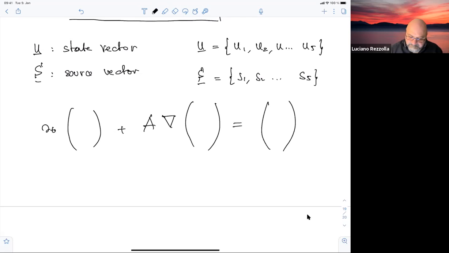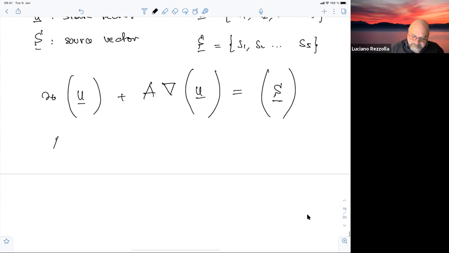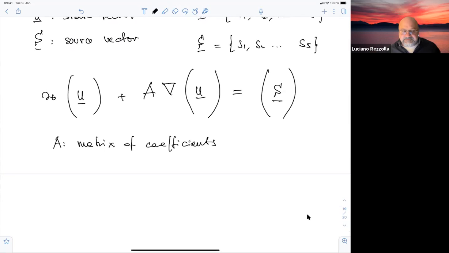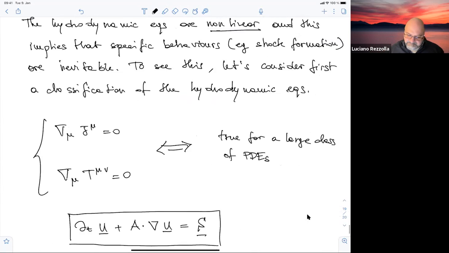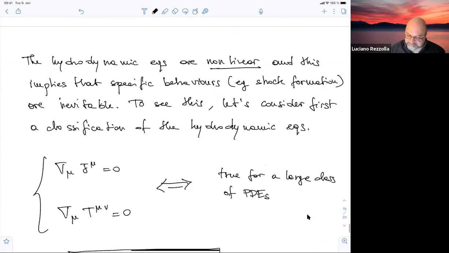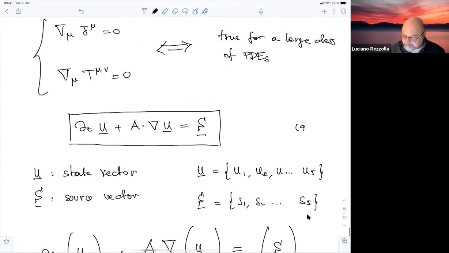Okay, so this is U, and this is S. And A is called the matrix of coefficients. It will have a certain number of components, will be a square matrix. And now, here is the important point. Let me call this 9.